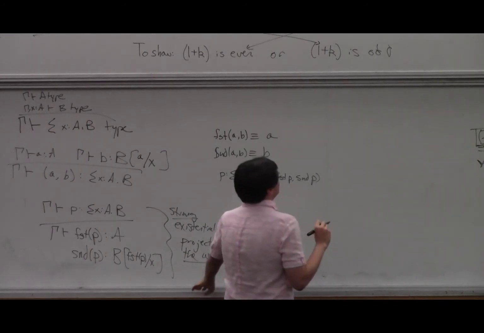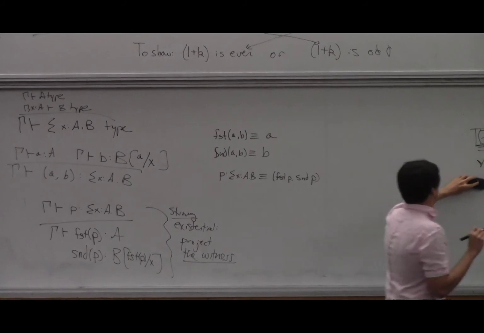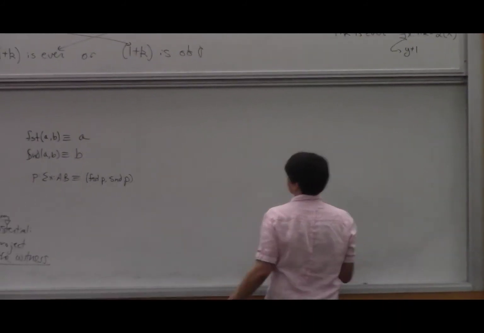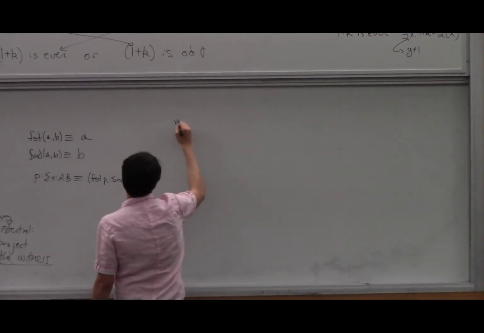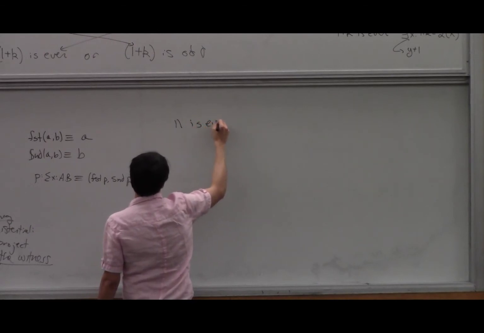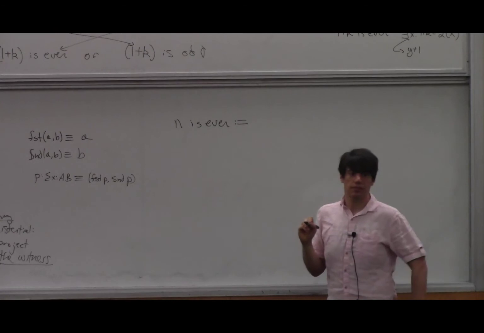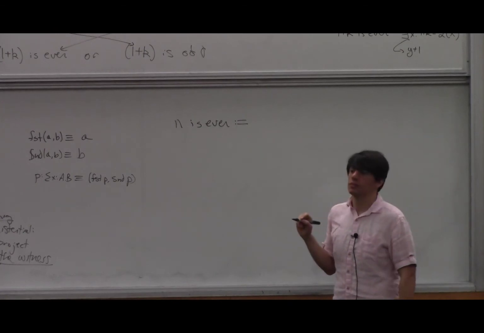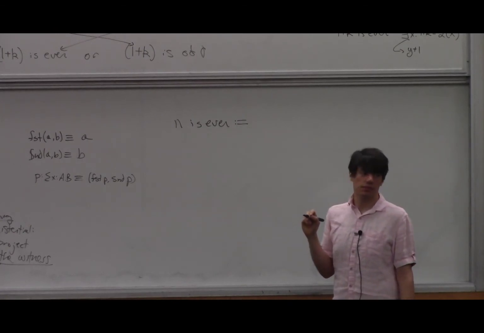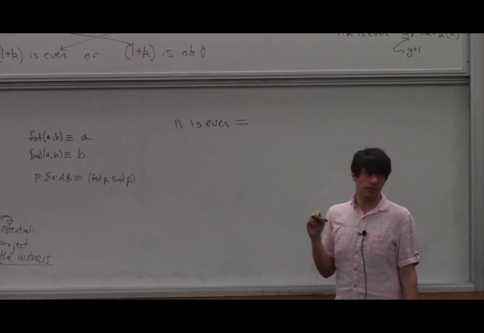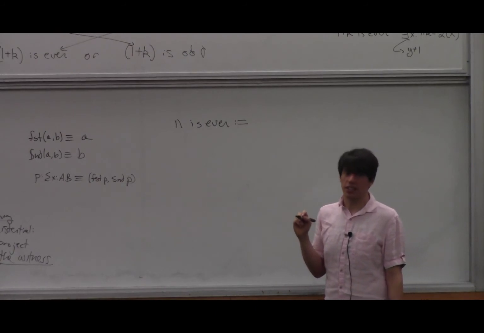So let's do an example now. So how do we define n is even? What should the existential symbol turn into?